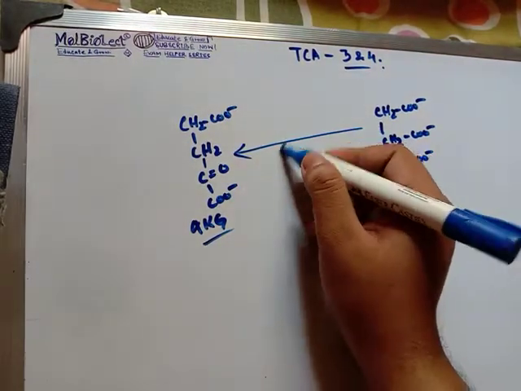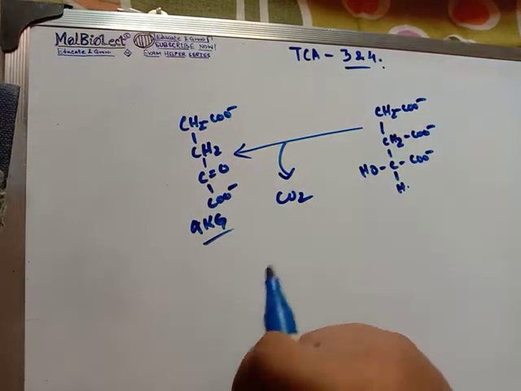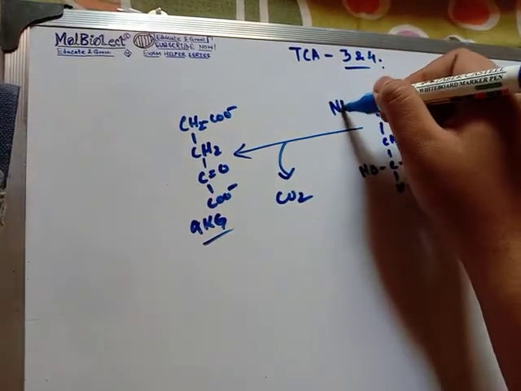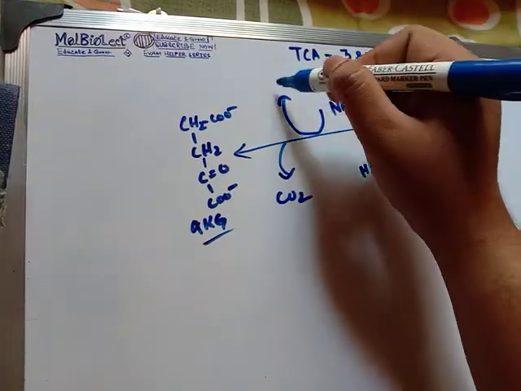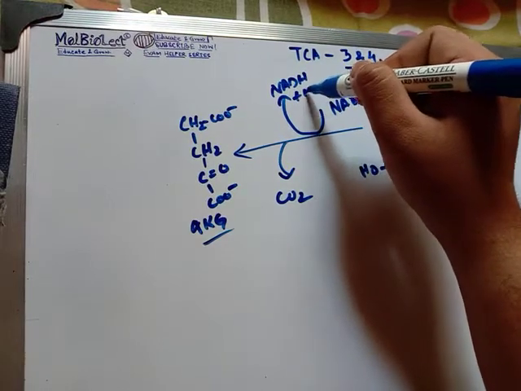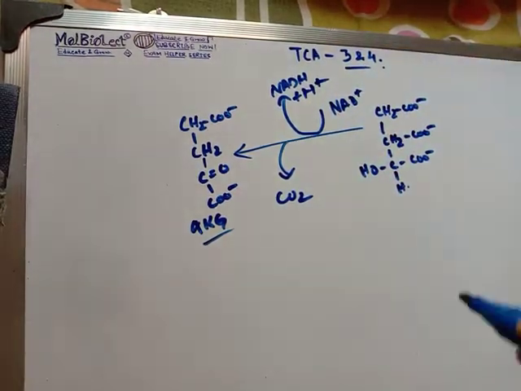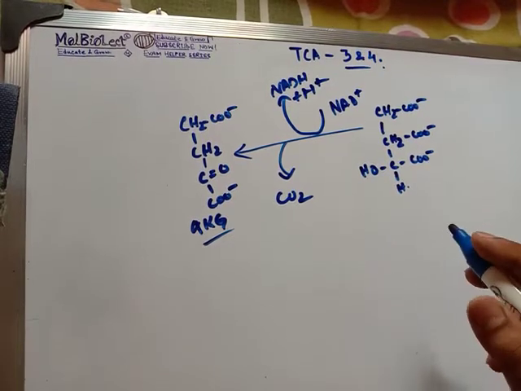In this step the CO2 is given out, and this is a non-reversible step. NAD plus is required, and we get out NADH plus H plus. So this is basically what's happening in that reaction.